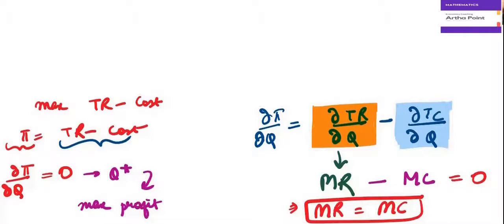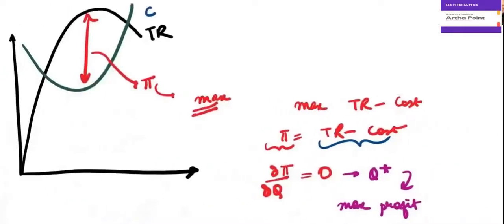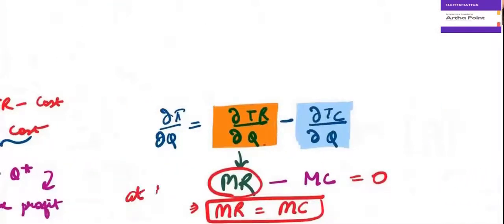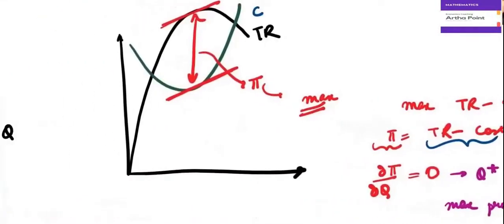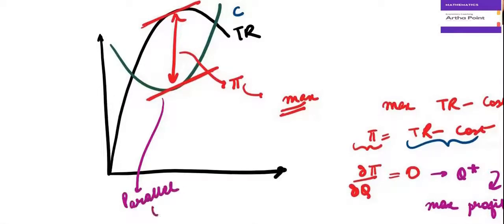What does that mean? I just told you that MR is when you differentiate TR with respect to Q. So your marginal revenue is the slope of the total revenue. Marginal cost is the slope of total cost. And we are saying that I achieve my equilibrium where MR is equal to MC. So if MR is equal to MC, I am saying that the slopes are equal. If the slopes are equal, I will get parallel tangencies.